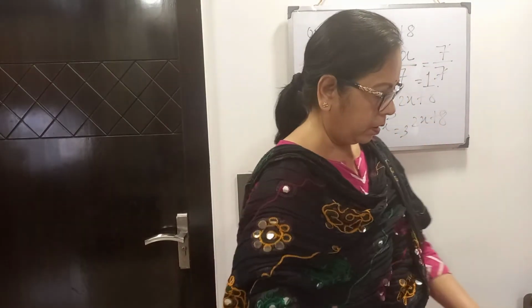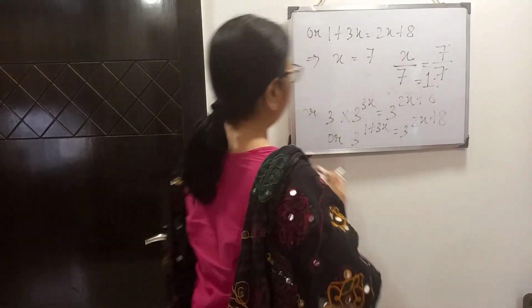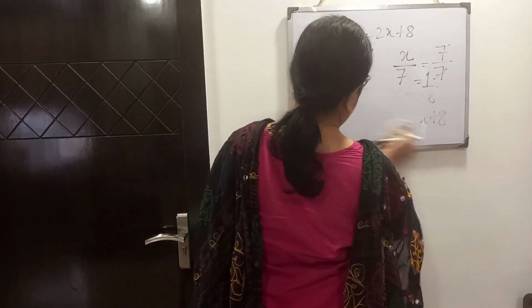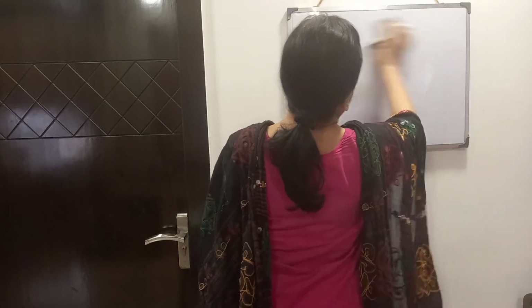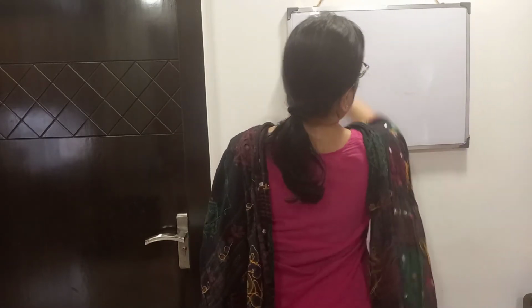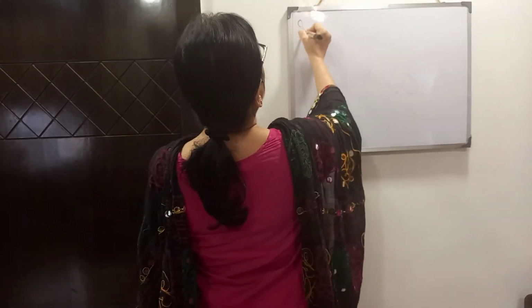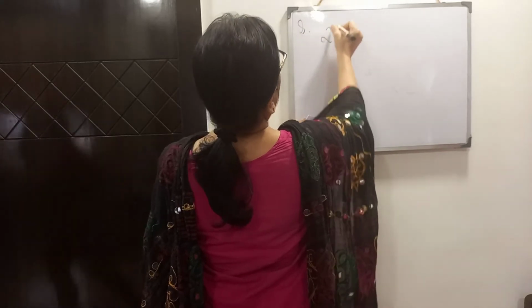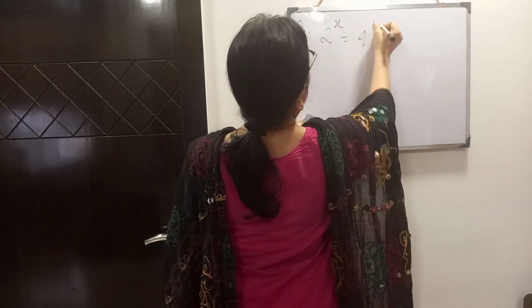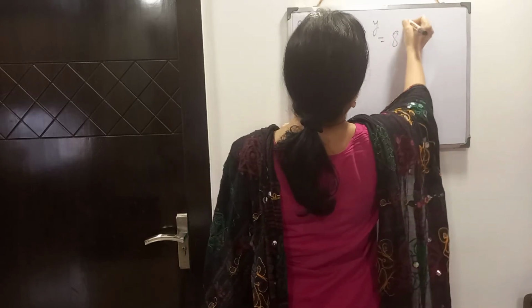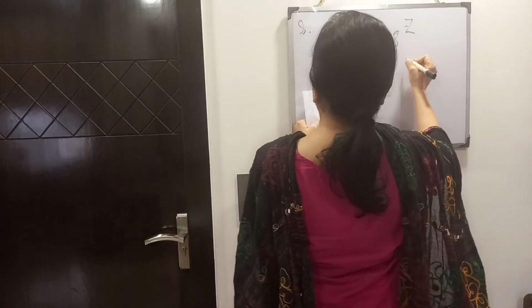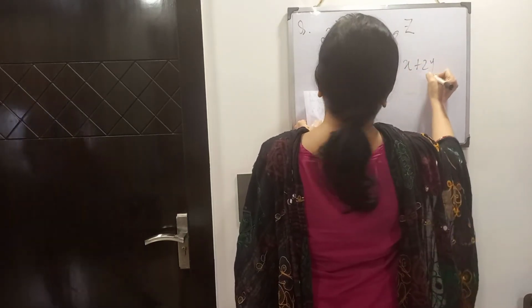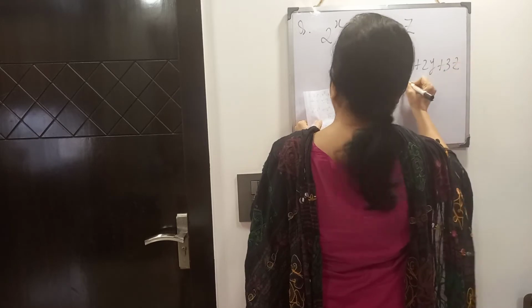Clear? Now next one, if this is different type. It is given this form, 4 to the power y equals 8 to the power z. Then find the value of (x plus 2y plus 3z) by x.